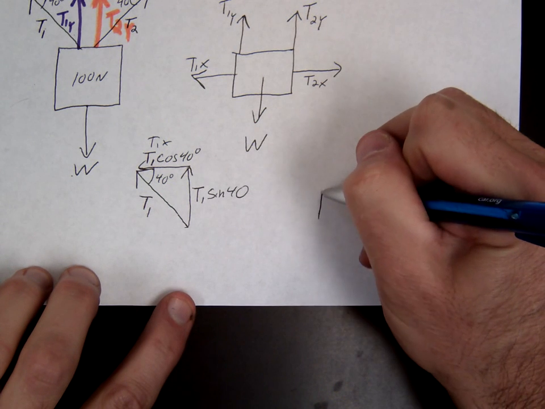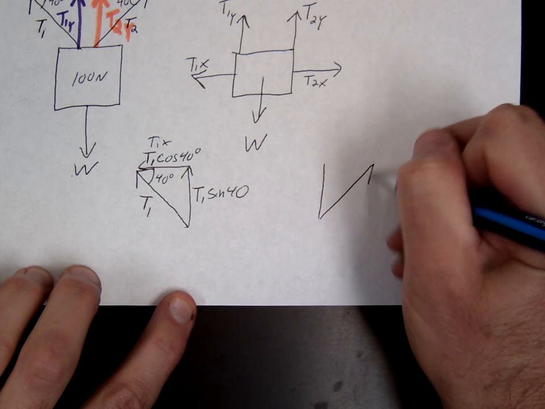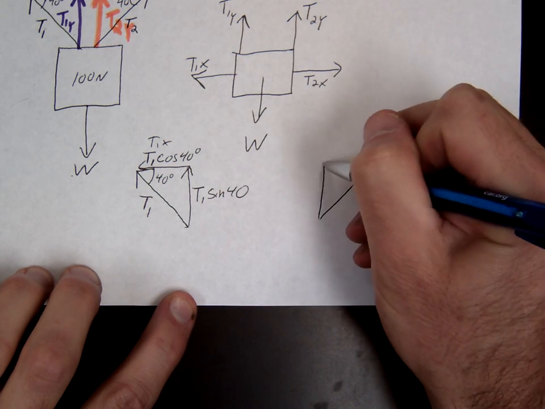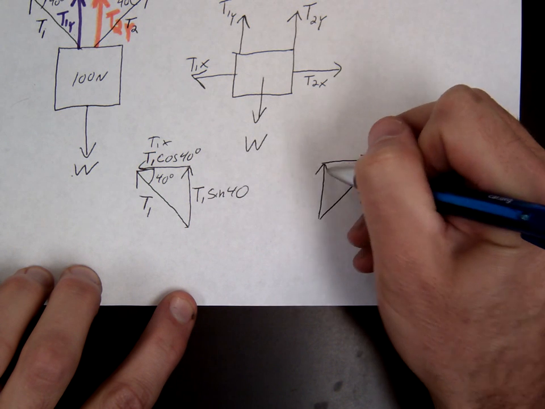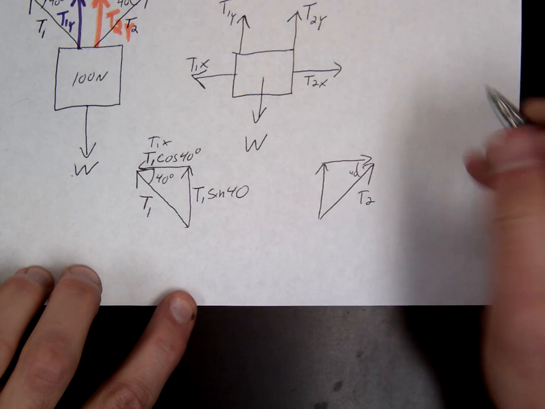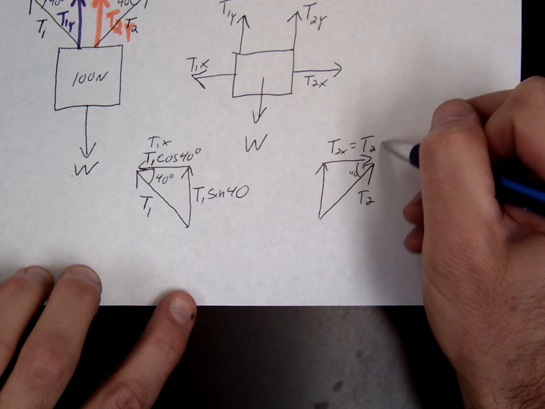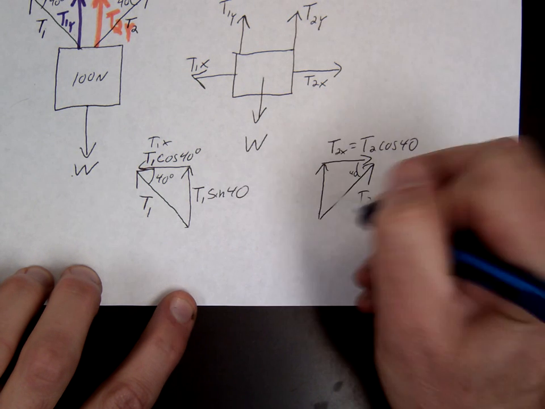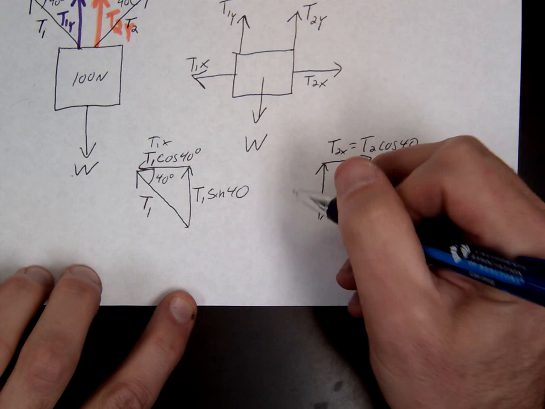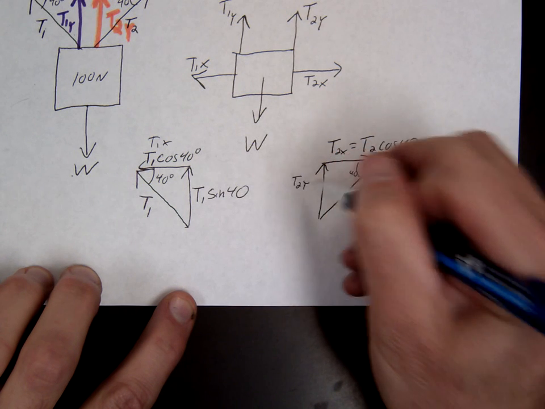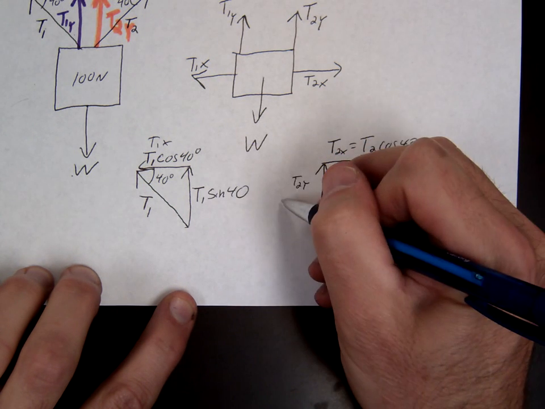Likewise for the T2, remember this was T2 at an angle. This was 40. So this T2x would be T2 cosine, and this one over here, T2y, would be T2 sine.